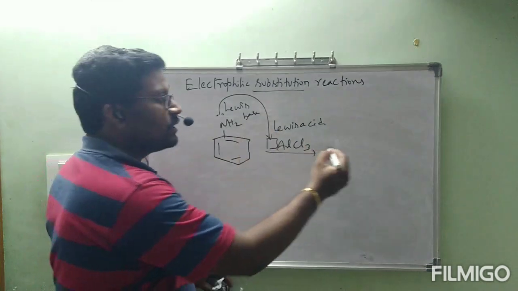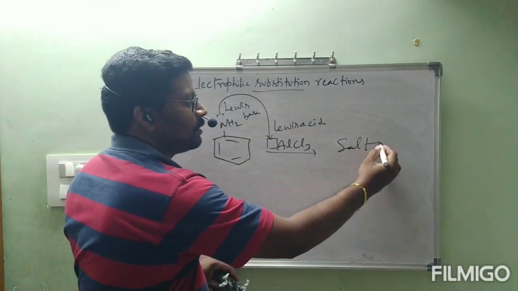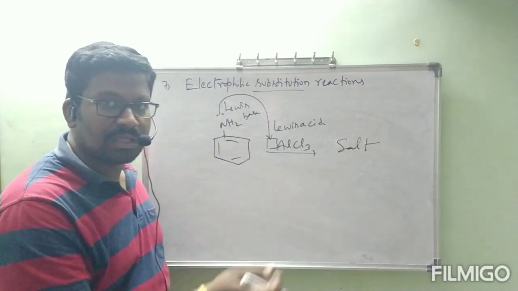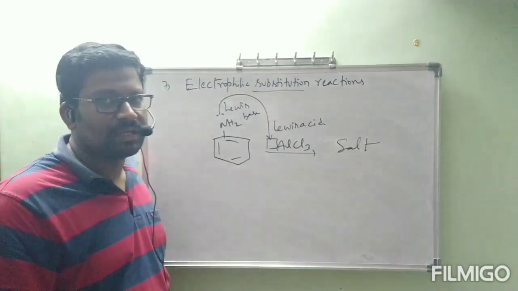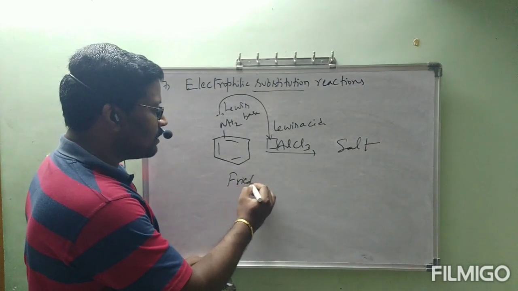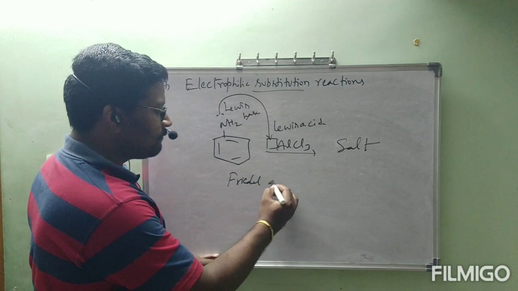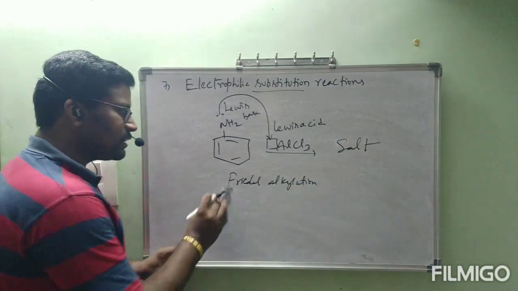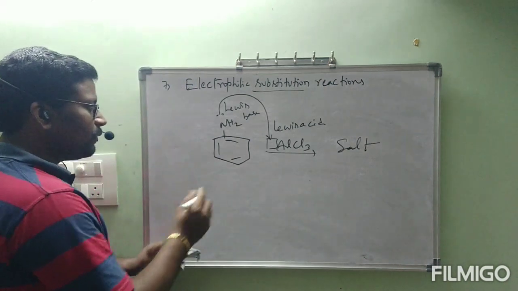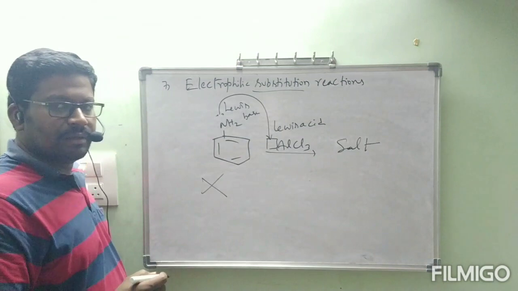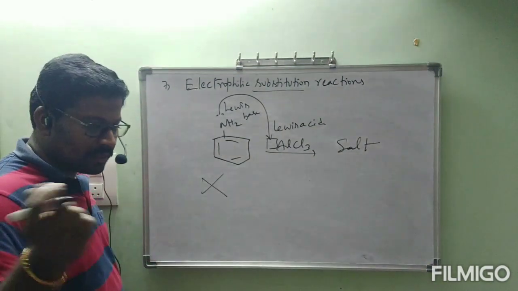Base plus acid, we will get a salt. That salt will not undergo further reaction with CH3Cl or CH3COCl. Because of this, Friedel-Crafts alkylation and Friedel-Crafts acylation will not be undergone by aniline. Now I will say the point, write that one.